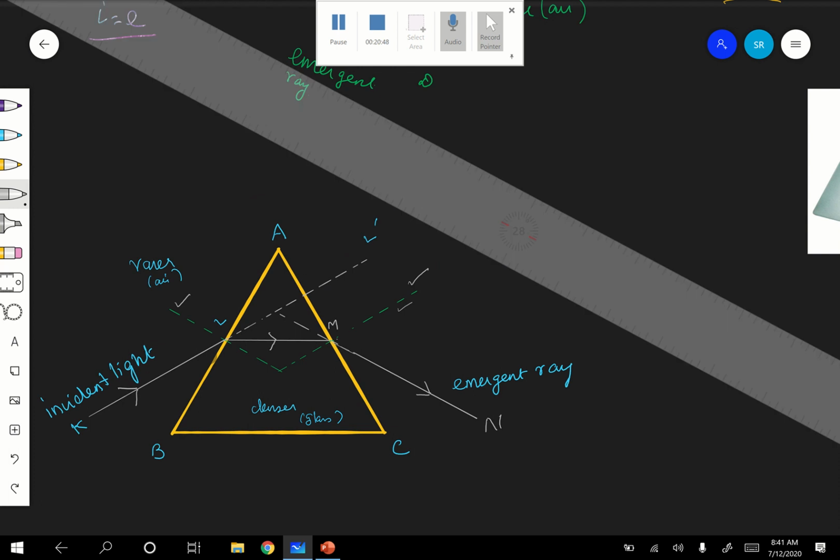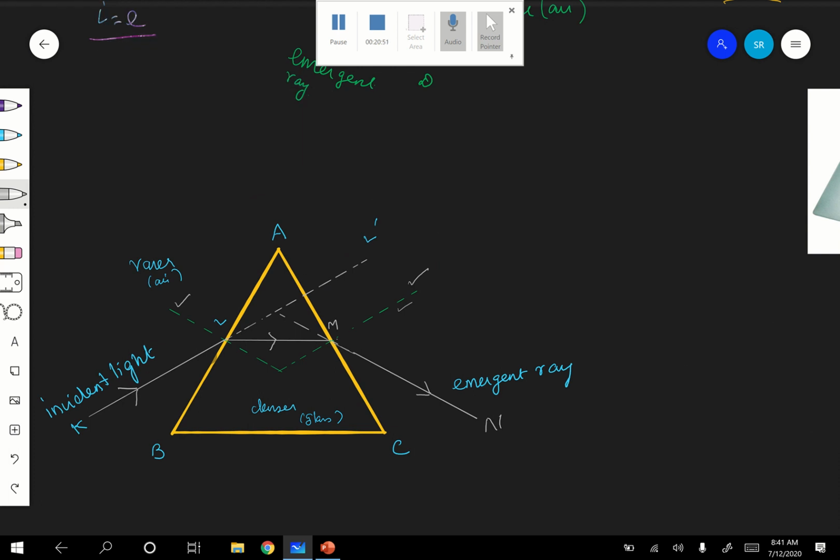Now you see there is an angle of inclination between the incident ray and the emergent ray. Therefore, this is the angle of deviation, and I will use capital D for it. I have not used D anywhere, so let it be capital D.